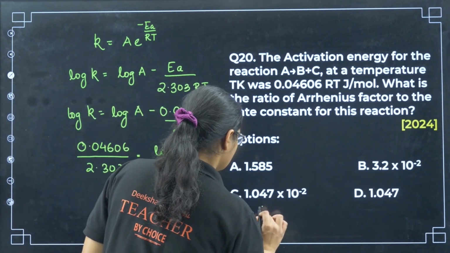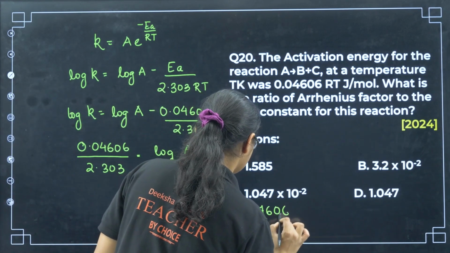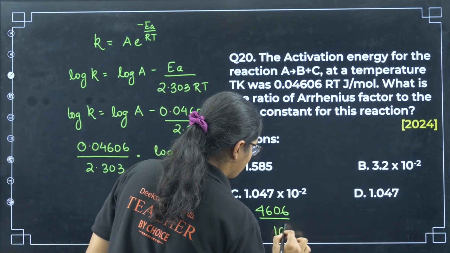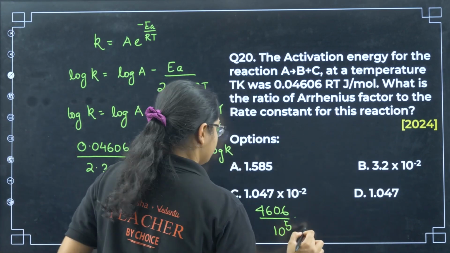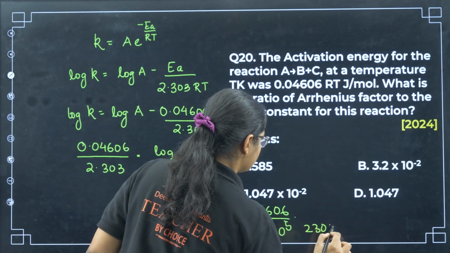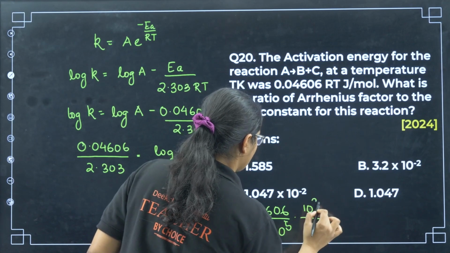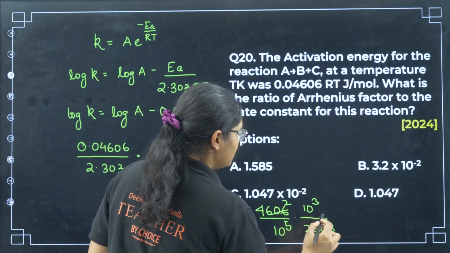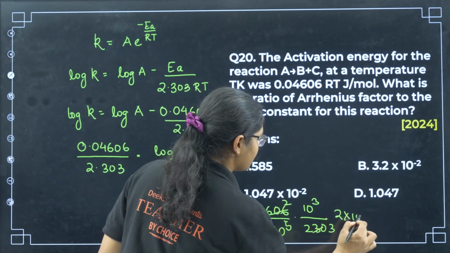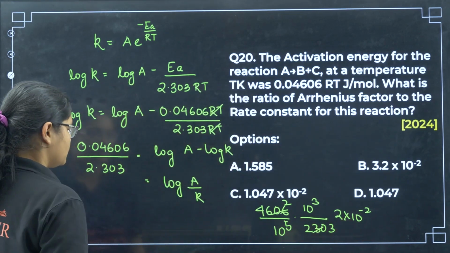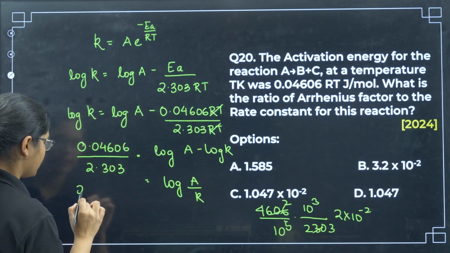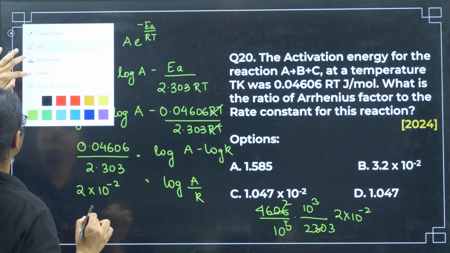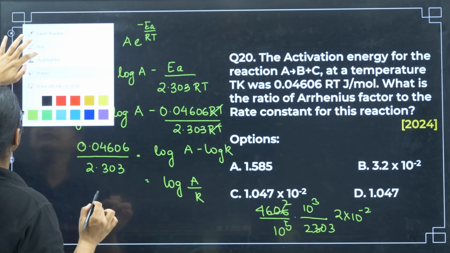So I will have 4606 divided by 10 to the power of 5, and I have here 2303 divided by 10 to the power of 3. So I will get 2 into 10 to the power of minus 2. Clear? So what I am getting here, log A by K equal to 2 into 10 to the power of minus 2, or let me just write it as 0.02.